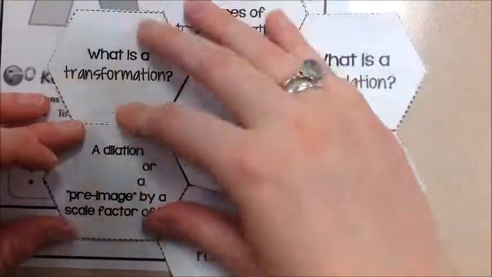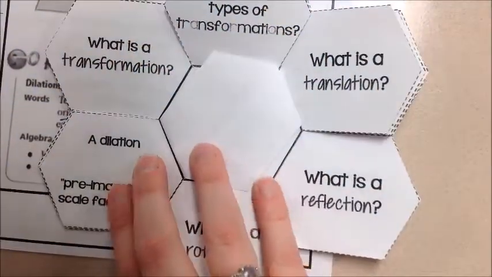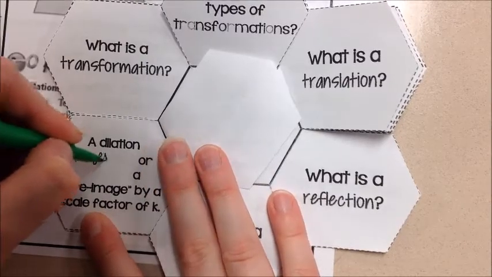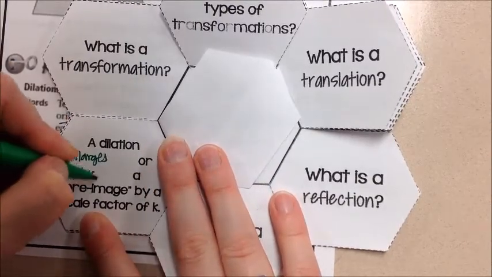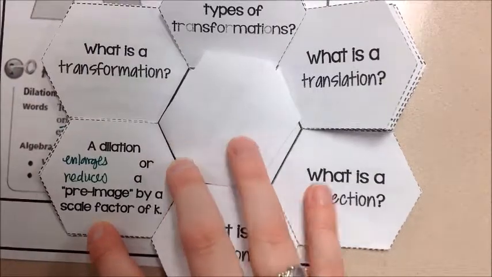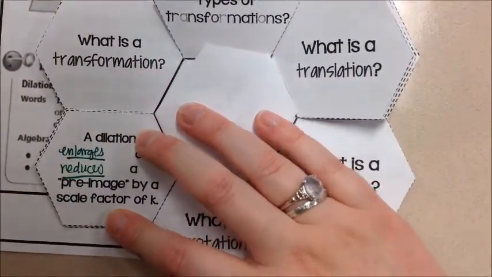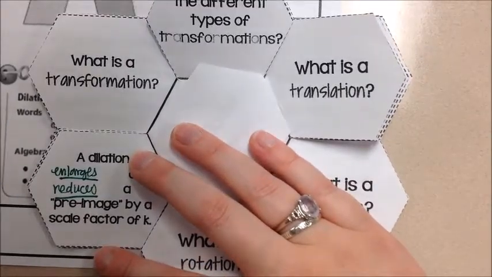Okay, so if I'm looking back at my foldable, a dilation enlarges or reduces a pre-image by a scale factor of K. So it either enlarges or reduces. Okay, so back over here.